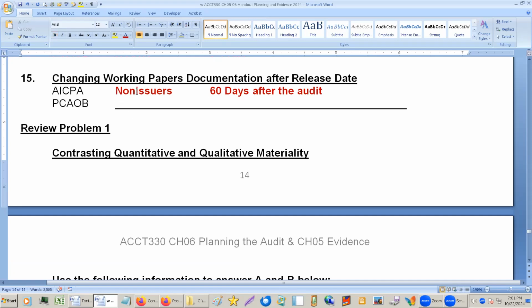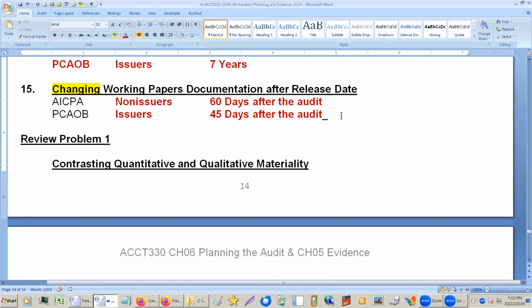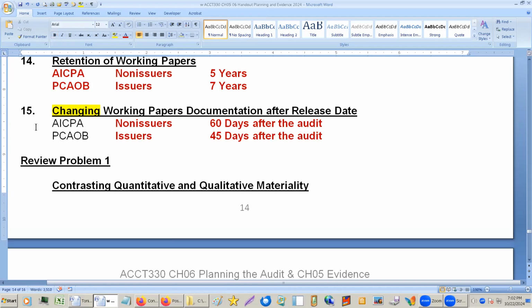For issuers, it's 45 days. So changing the documentation is, usually they count this as when you're taking things out of the work papers.